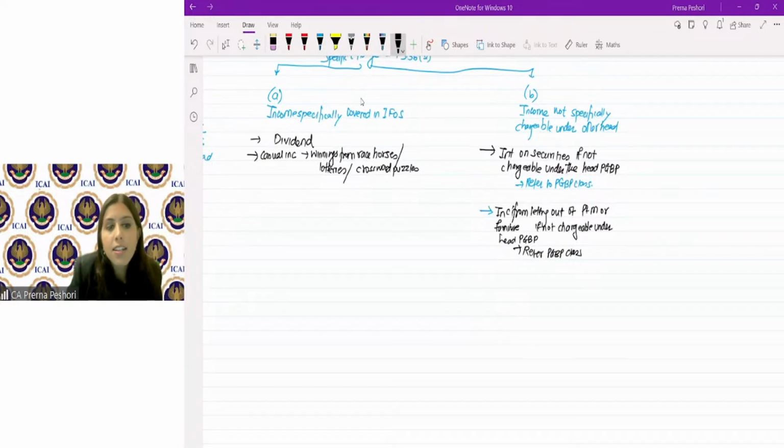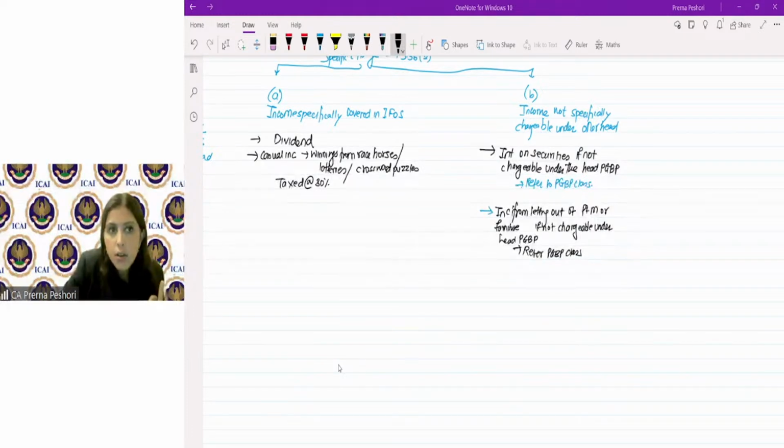This is specifically taxable under income from other sources, right? And this is taxed at the rate of 30%. Now this is specifically covered under PGBP, under income from other sources.